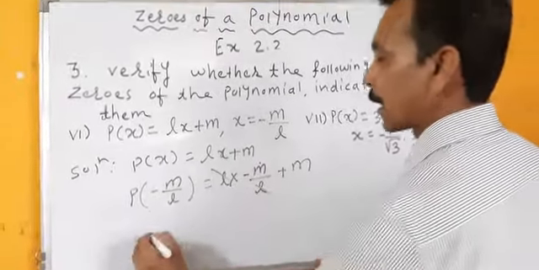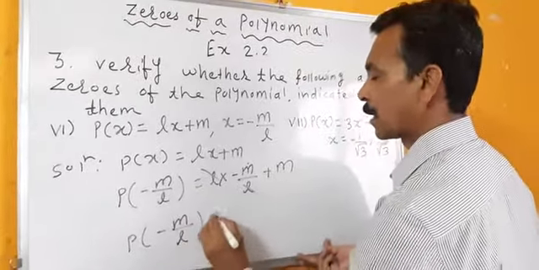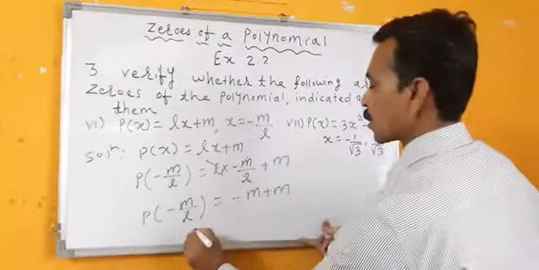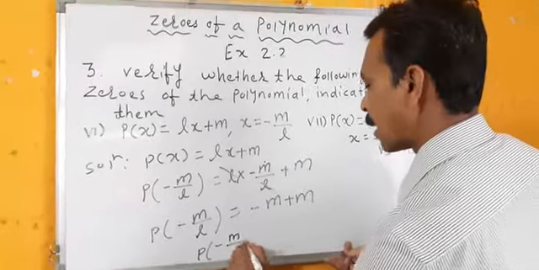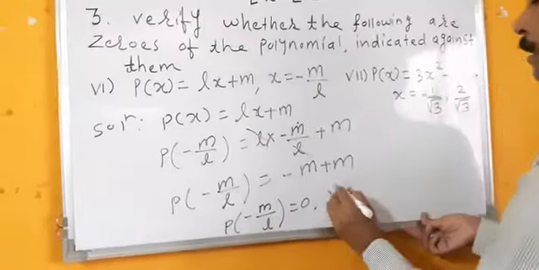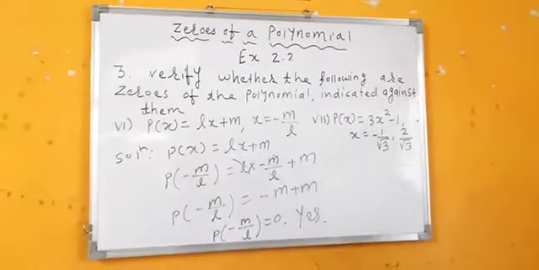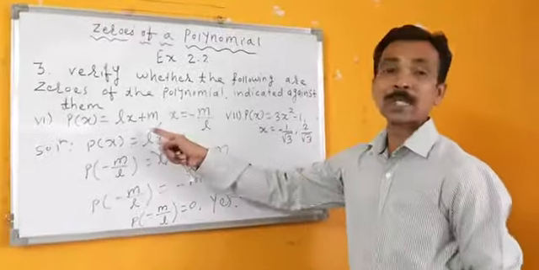This gets cancelled. P of minus m by L is equal to minus m plus m. So P of minus m by L is equal to 0. What is the answer? Yes. The answer is yes because the remainder is 0. That was the sixth sum.